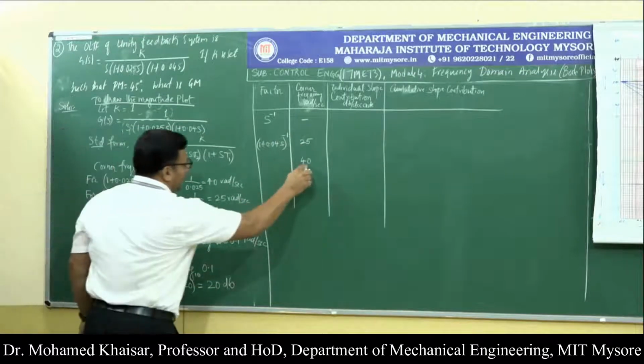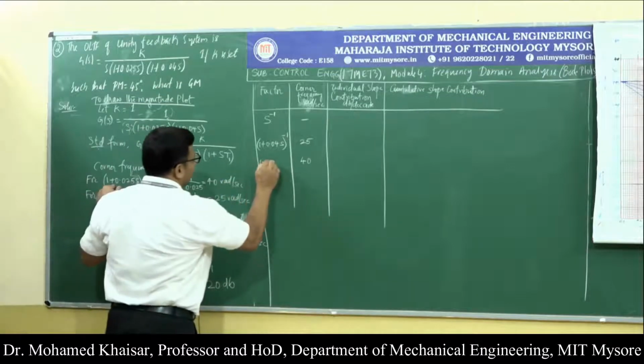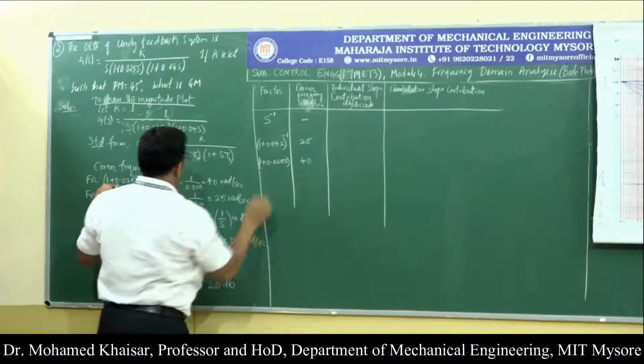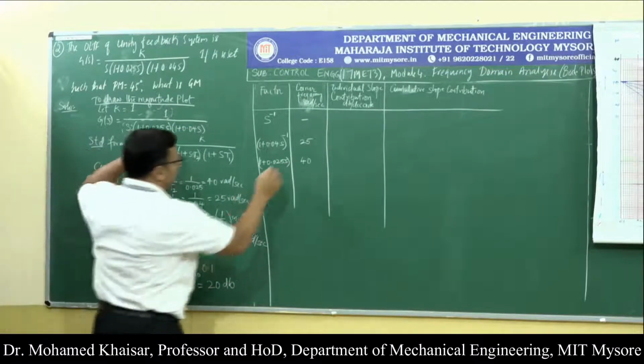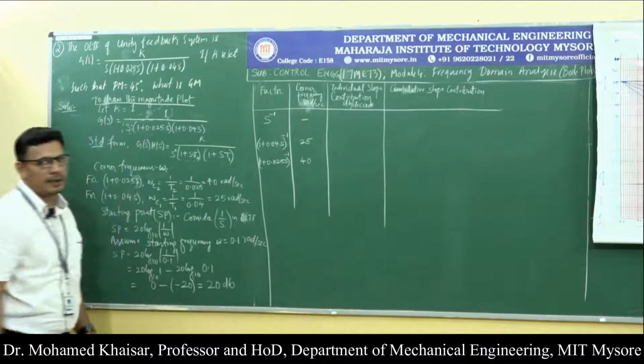Like that, 40 radians per second is for the factor 1 plus 0.025 s. It is also present in the denominator, so its power is also minus 1.